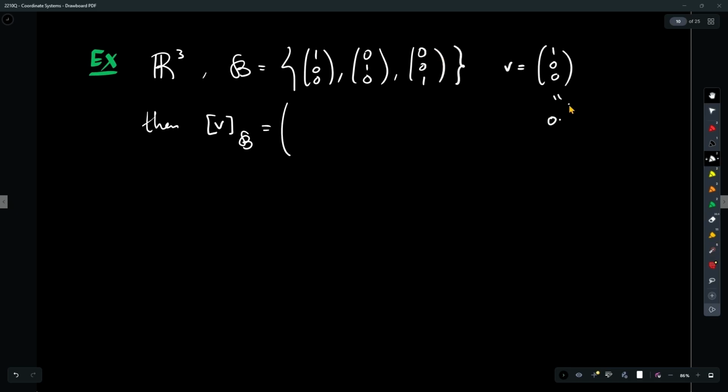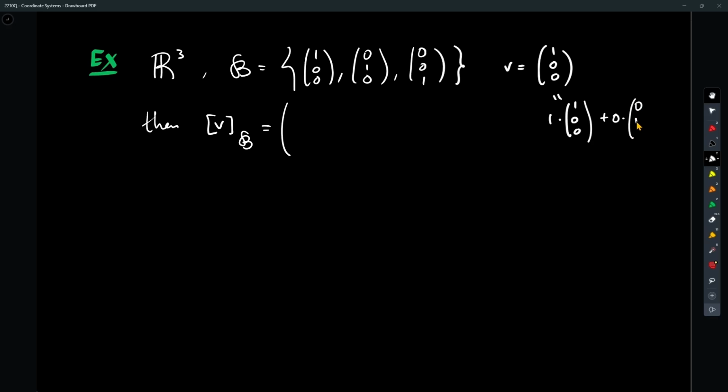So this is 1 times (1, 0, 0) plus 0 times (0, 1, 0) plus 0 times (0, 0, 1), right? So the coordinates will be (1, 0, 0) with respect to the basis B.